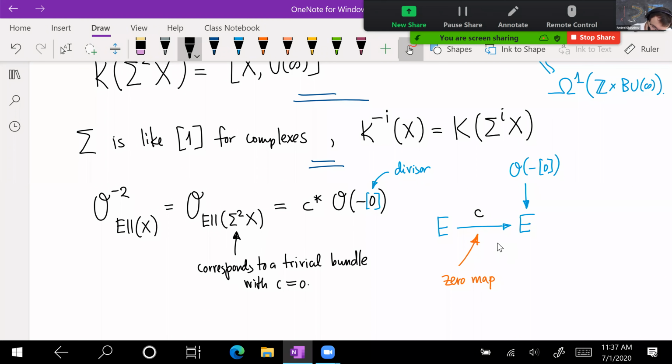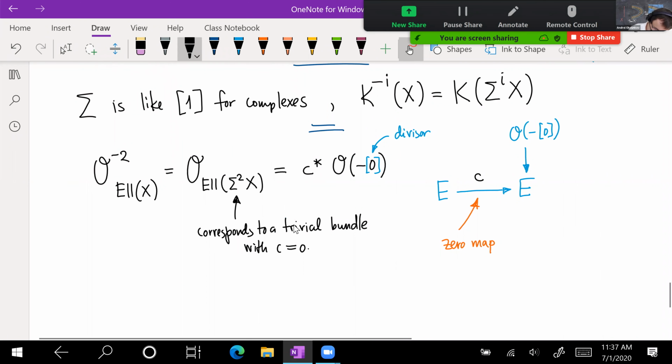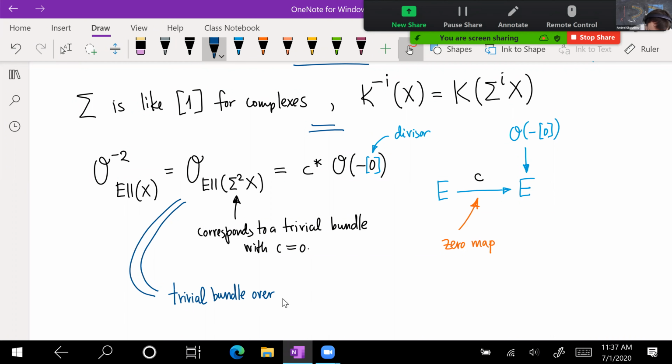So this means, so this pullback, so to continue this chain of equalities, it's a trivial bundle over E with fiber, which is equal to the fiber of -0 at 0.